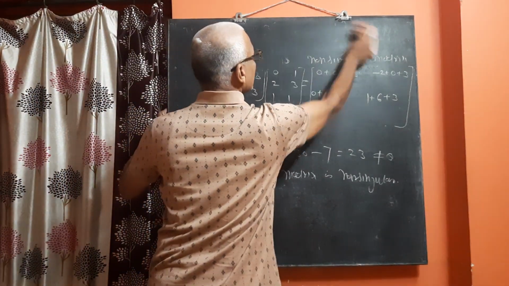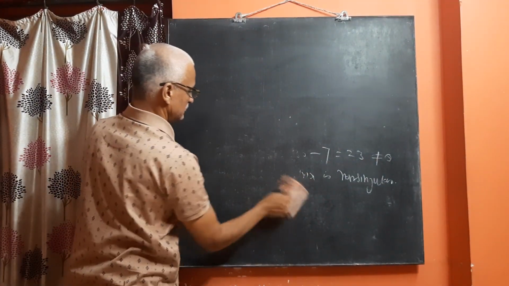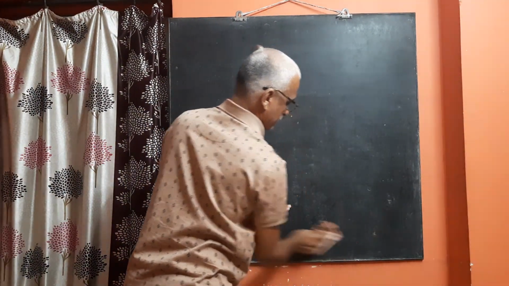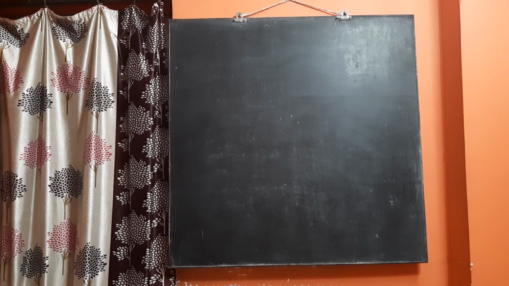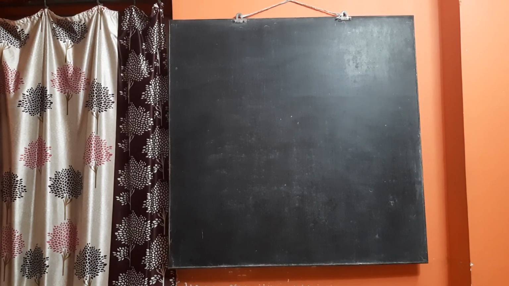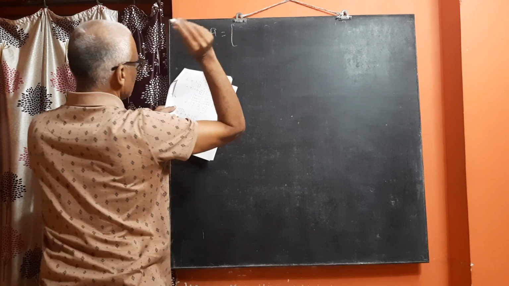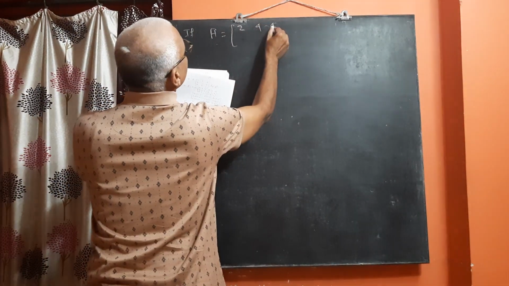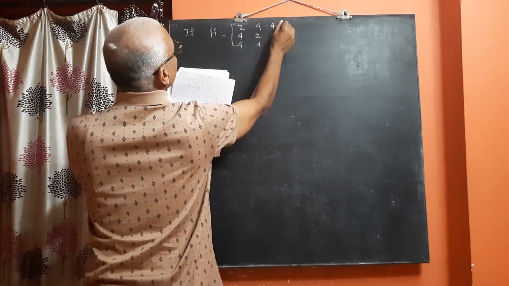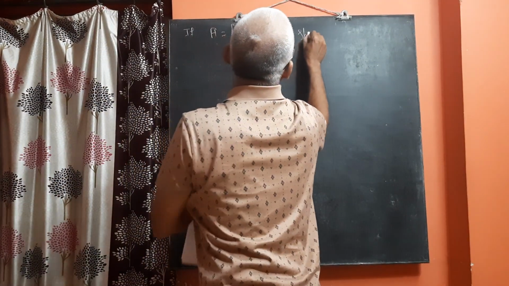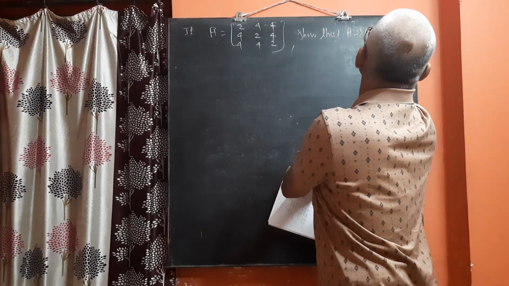Then the next problem for today, which is the most important problem. The problem is: if A is equal to [2, 4, 4; 4, 2, 4; 4, 4, 2], show that A square minus 8A is a scalar matrix.